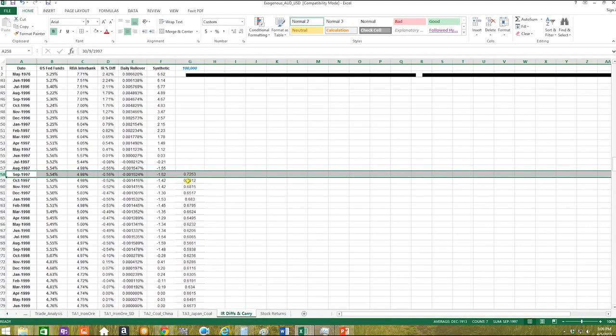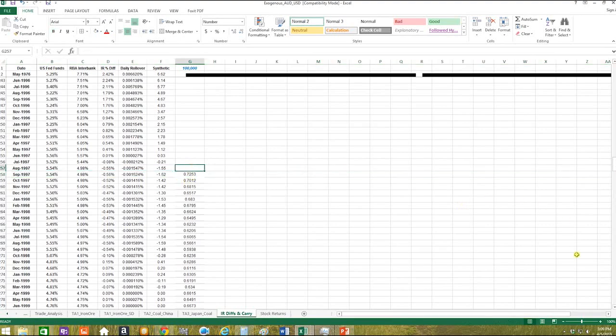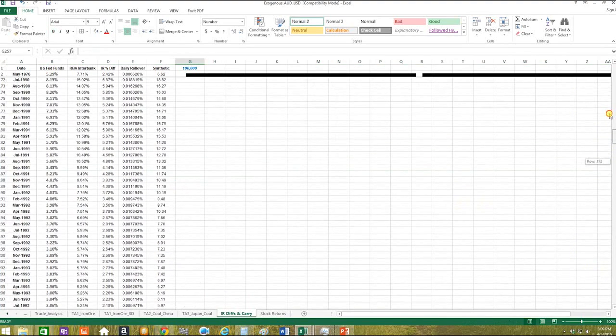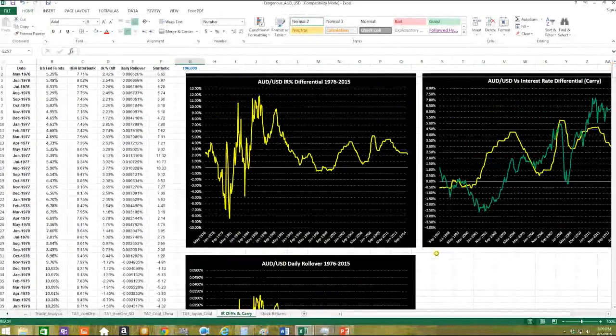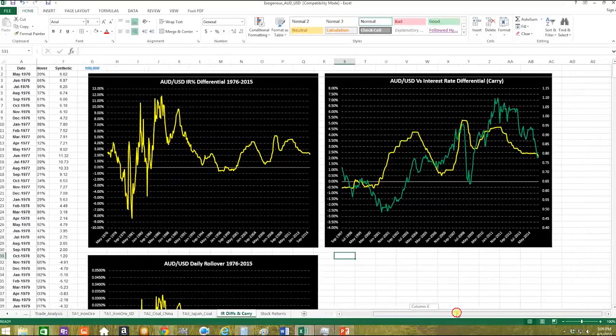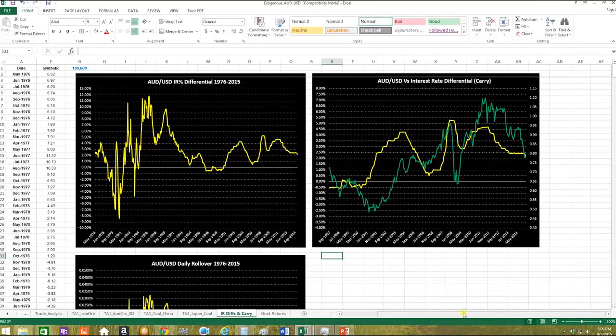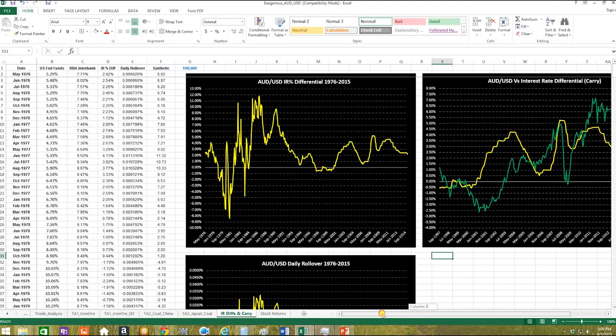Now, if we go back up to the top of the sheet, and we scroll across, you can see here the chart that we were referencing earlier in the presentation. And if you recall, we're looking at the Aussie dollar, US dollar exchange rate in green and the interest rate differential in yellow.